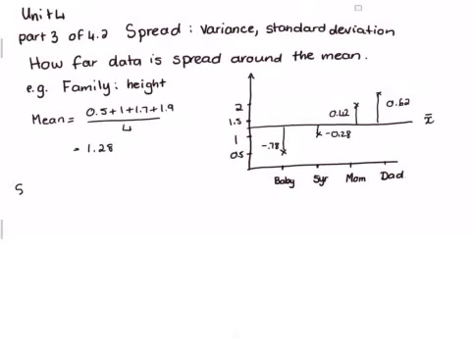So the standard deviation we indicate with this little sign, which is the lowercase sigma Greek letter. And it tells me how all these heights are spread in relation to the mean.